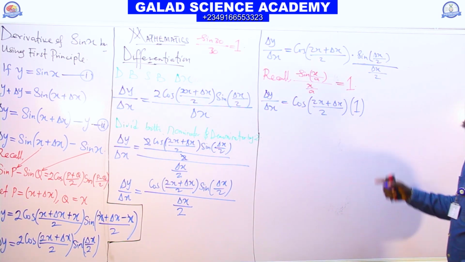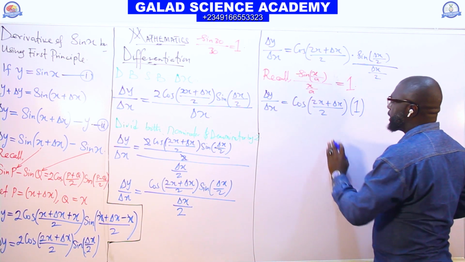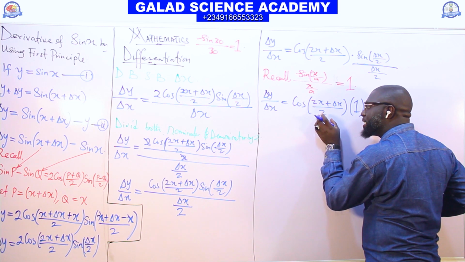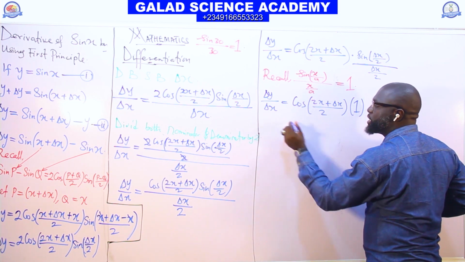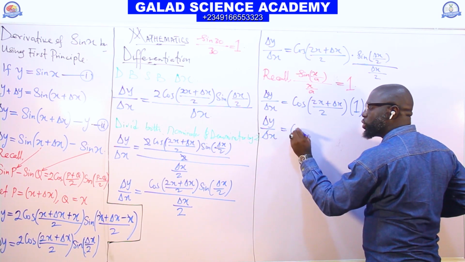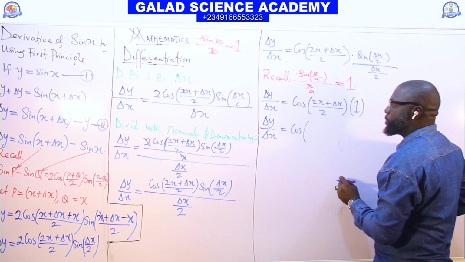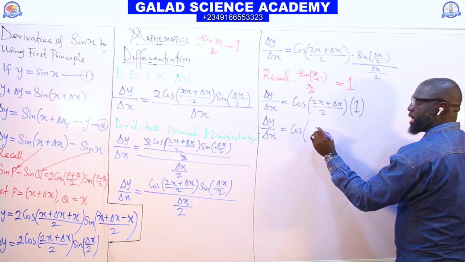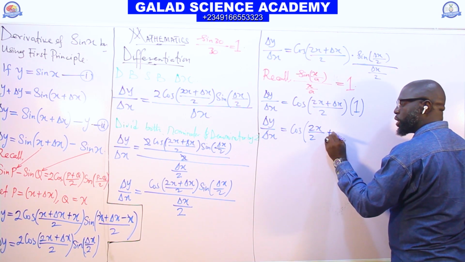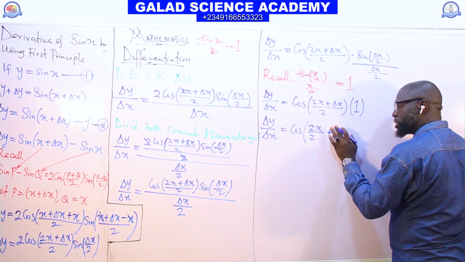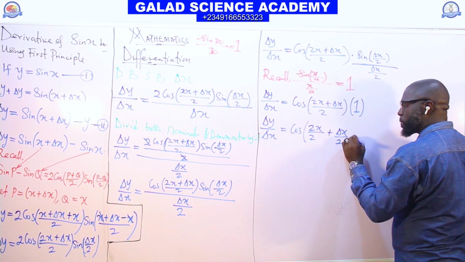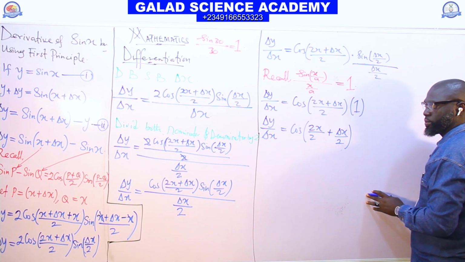If everything you add there is equal to 1, this expression I can rewrite in this form: dy over dx will be equal to cos angle of 2x over 2 plus change in x over 2. Good.